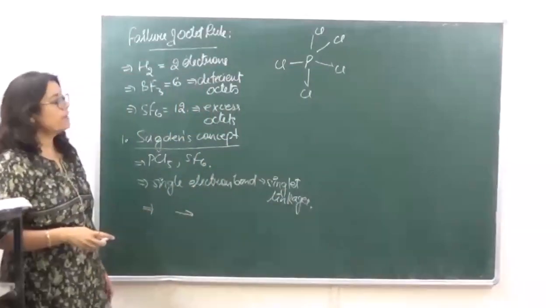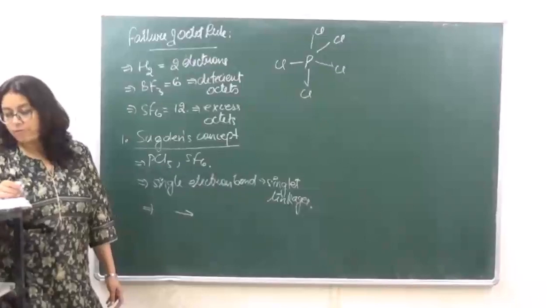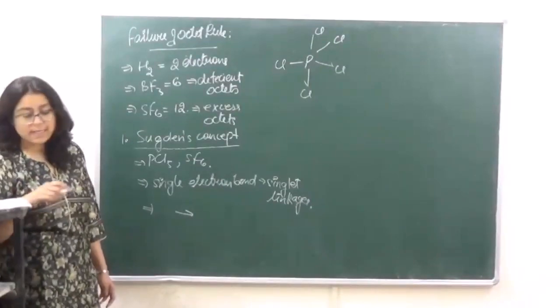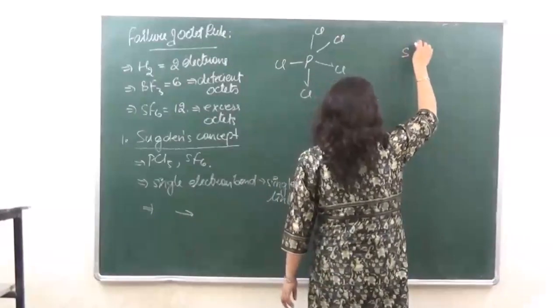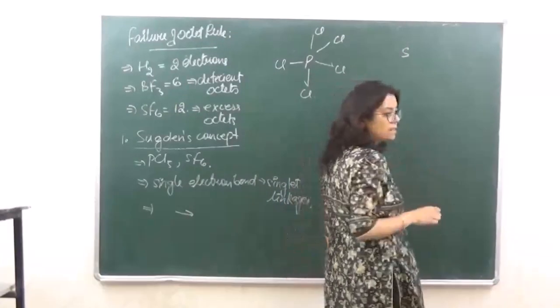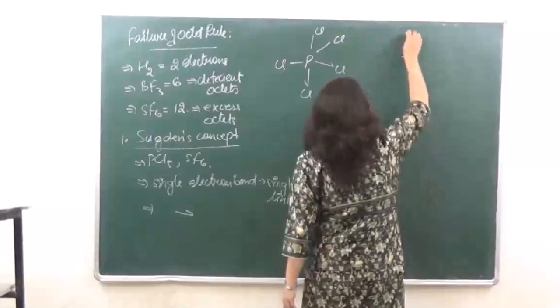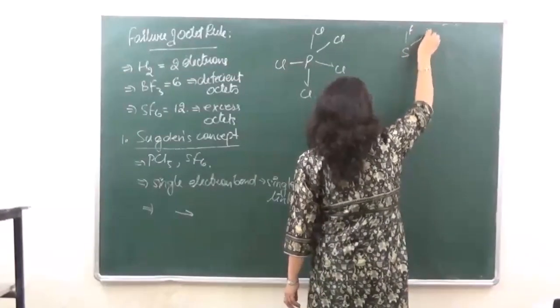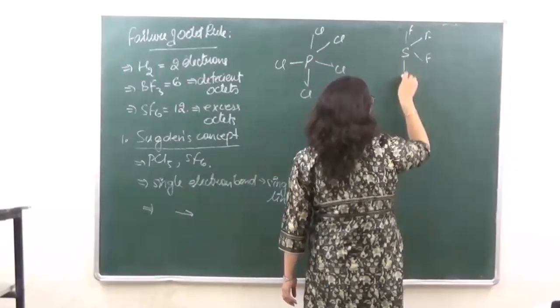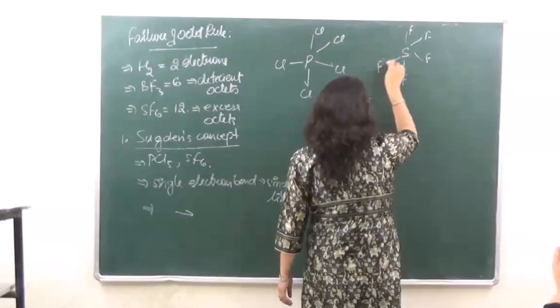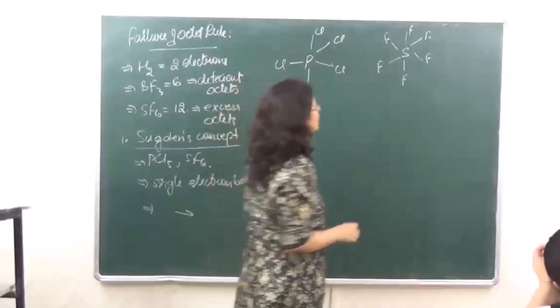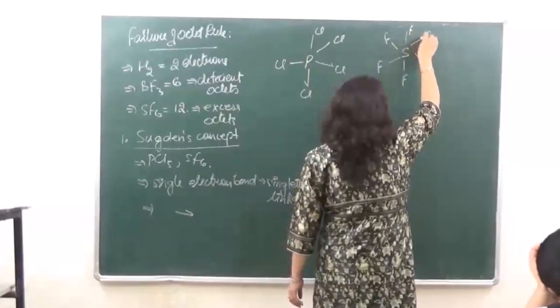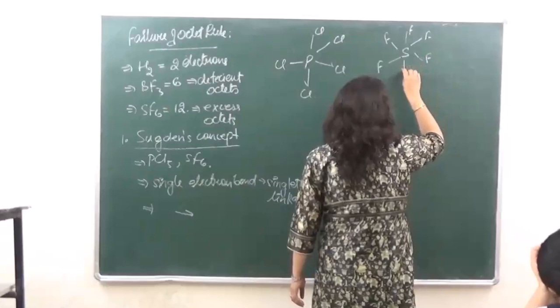Similarly, when we are talking of SF6, the same criteria can be used. We know that in the molecule of SF6 there are 6 fluorines surrounding it. So we have 1, 2, 3, 4, 5 and 6. Over here we have 1, 2, 3, 4, 5, 6, 7.